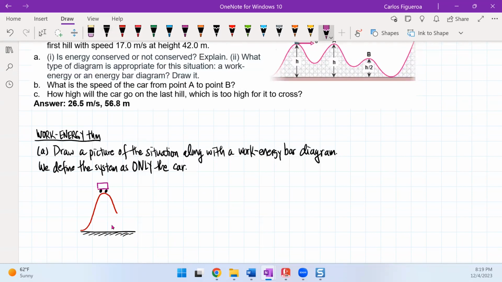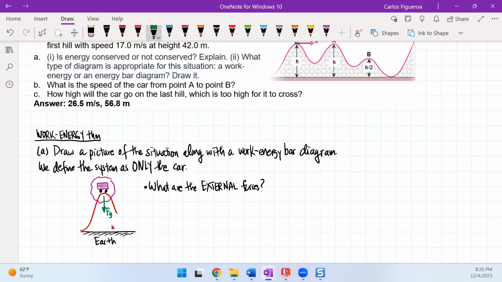So when I look at this cart, the first thing I want to do is isolate the system and ask, what are the external forces? Well, the fact that we have Earth down here implies that one of the external forces has to be the force of gravity.